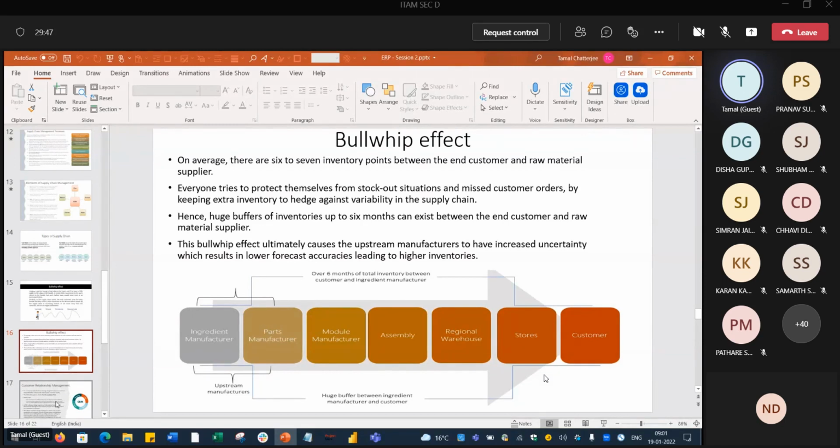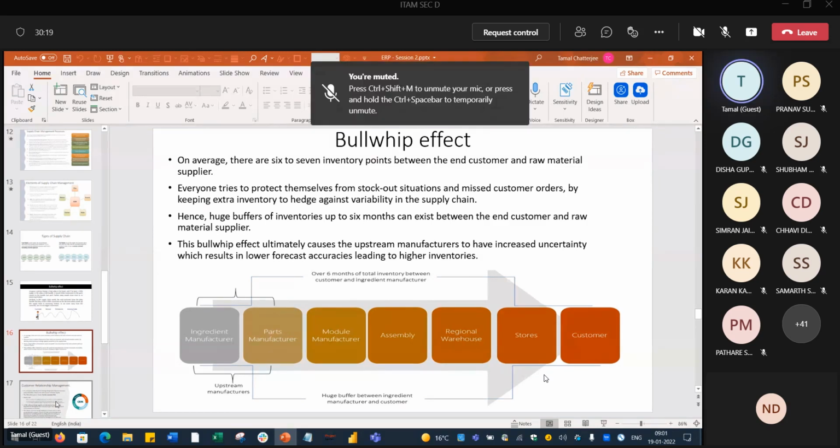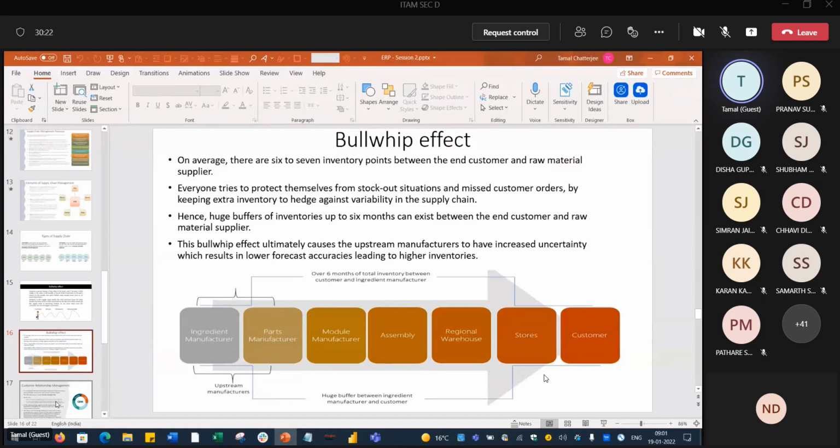Then the central distributor or a master distributor will have another set of inventories. And of course, the producer will also have another set of inventories. So on one side there is a producer, on the other side there is a customer. In between there are 5 or 6 levels. At each and every level there will be inventories. Normally we have seen there may be around 6 months of inventories lying down.